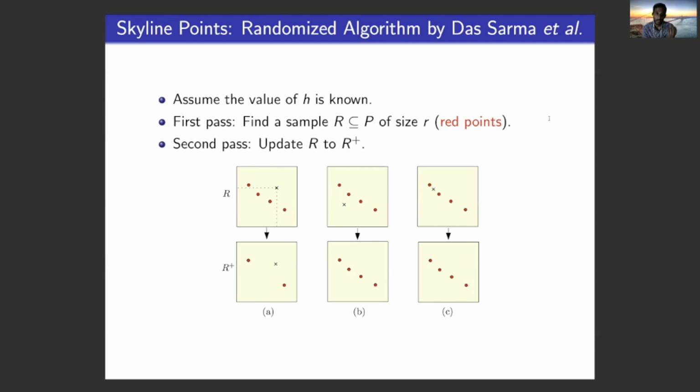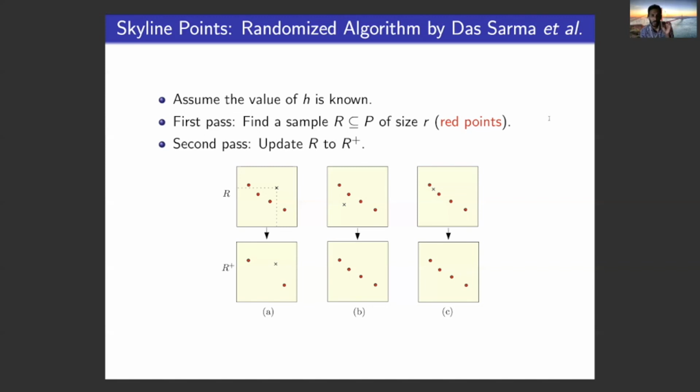But if there's a point in R which is not a skyline point, then there could be at least one skyline point which dominates it. So in the second pass, we'll try to find one such skyline point which dominates it and put that in R plus. Eventually, all the points in R plus should be skyline points. That's crucial for our analysis. That's why we want to do this second pass.